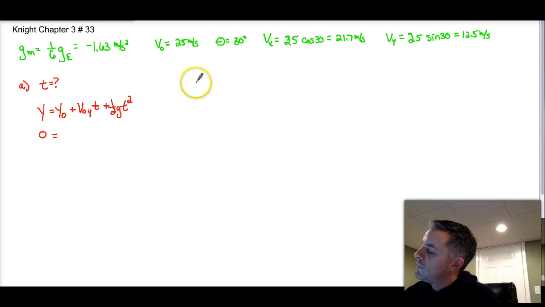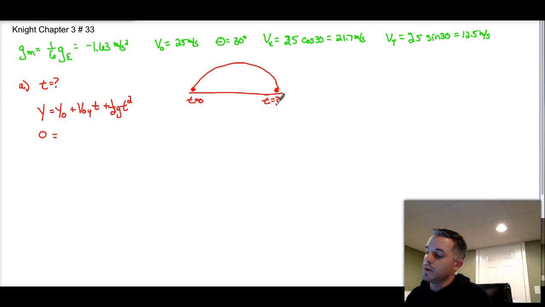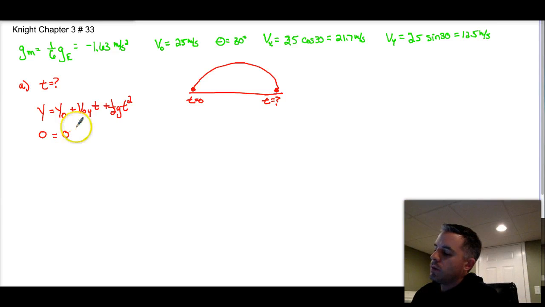Here's our golf ball, and it gets hit. It's going to travel up here, and then land over here again at the same height. So we're going to have a spot here when time is equal to 0, and then when time is equal to what we're supposed to find, the height is going to be 0. We'll have these 2 spots, and we'll have to work out which one is the one we're going to worry about.